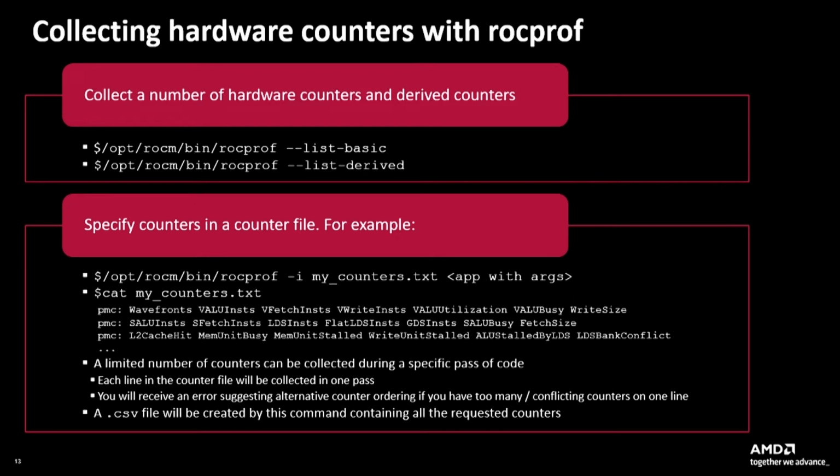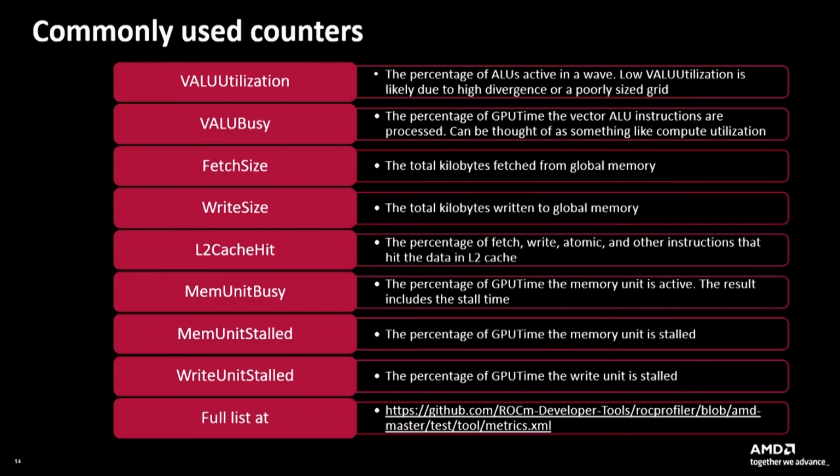And again, like I said, a CSV will be created, which will have all the counters and all the requested performance metrics that you really want to know. All the data will be dumped into a CSV file, and you can change this CSV file into, I think, a DAT file or something like that. I think the most commonly used counters that we have come across and most of our customers are using are listed here.